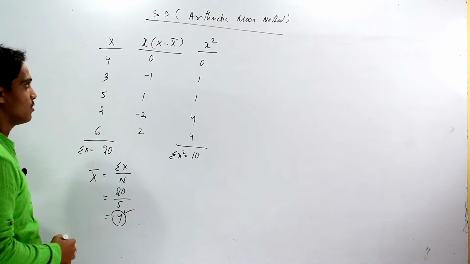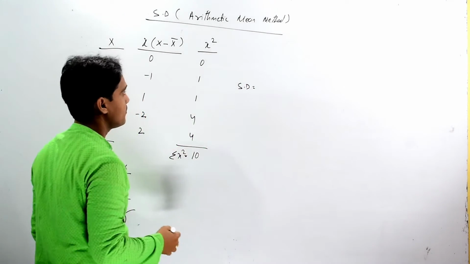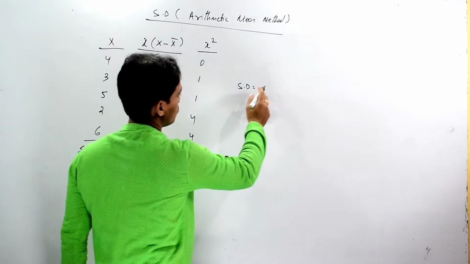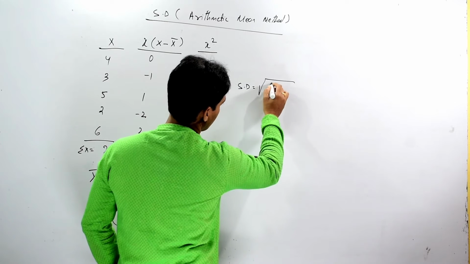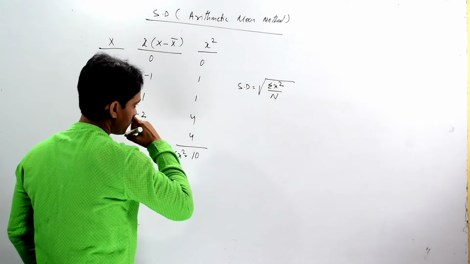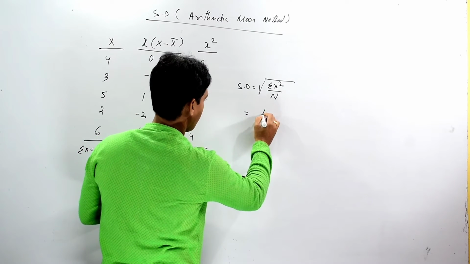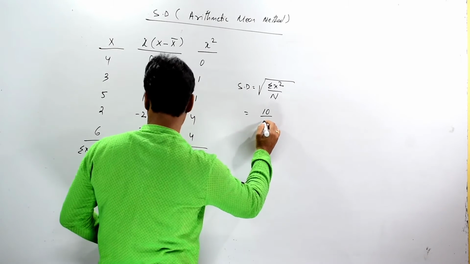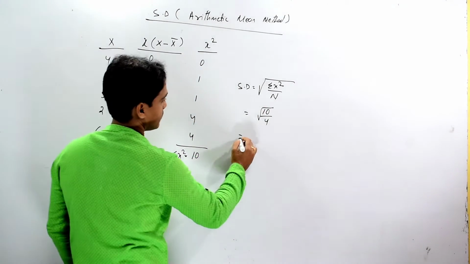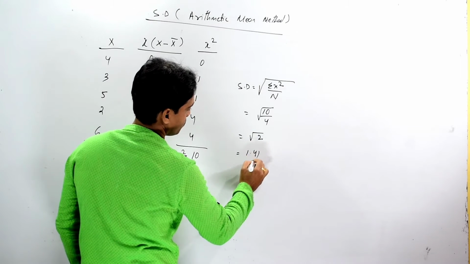So the value of our standard deviation under the arithmetic mean method is computed by using the direct rule, that is, the standard deviation is the whole root of summation of small x square divided by n. So now putting the values we get the whole root of 10 by 4, that is root of 2.5, that is 1.41.